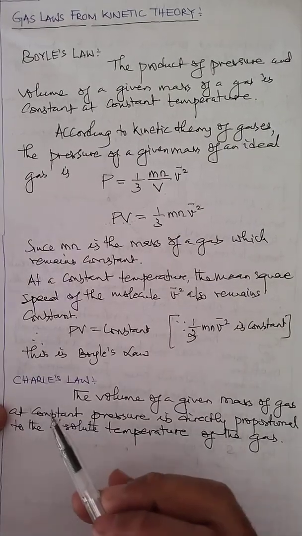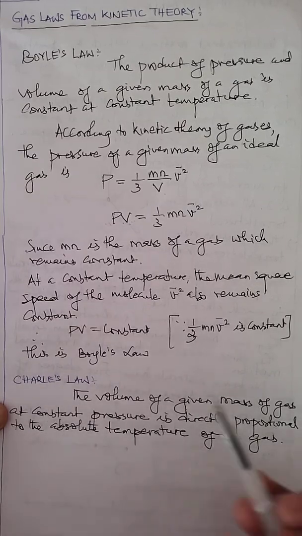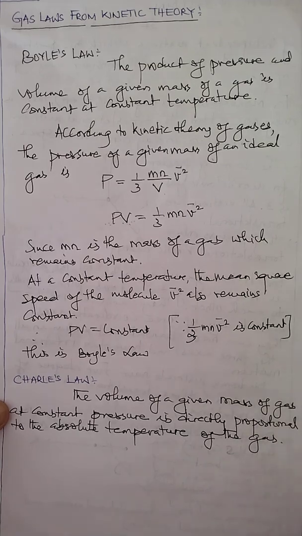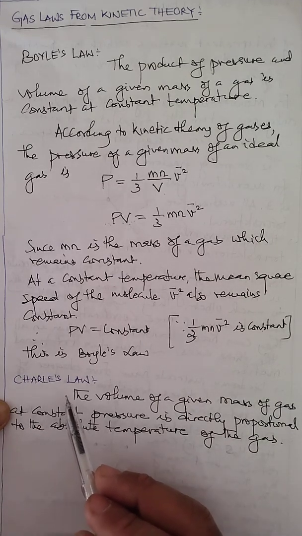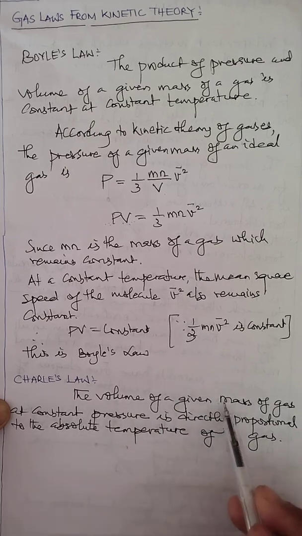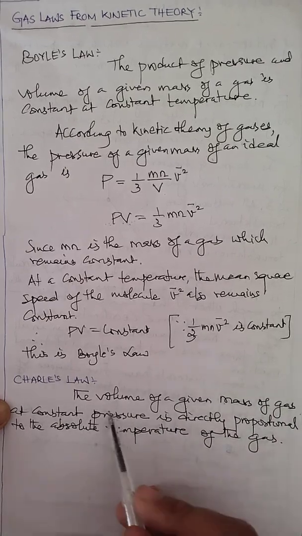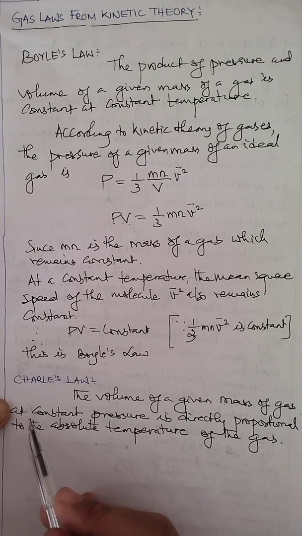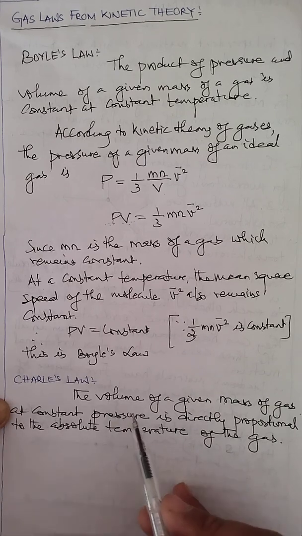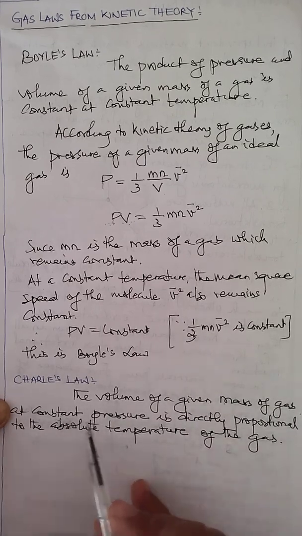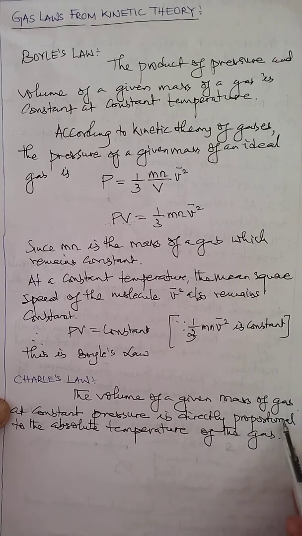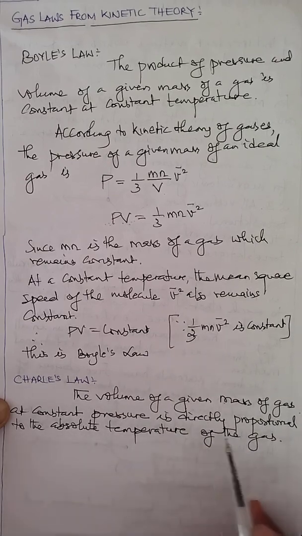Now to verify Charles's law from the kinetic theory of gases, let me just state what Charles's law is. As you have learned in class 9 also, Charles's law basically states that the volume of a given mass of a gas at constant pressure is directly proportional to the absolute temperature of the gas.